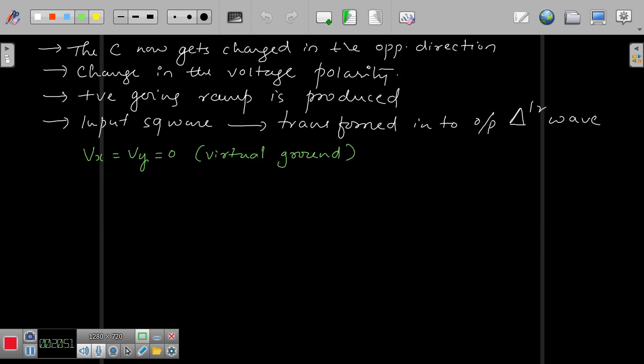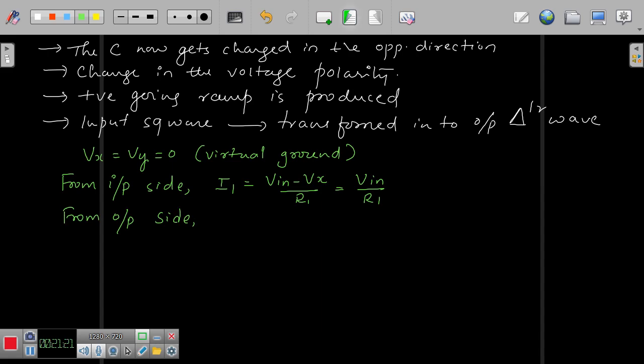I can write from input side, your I1 is equals to V in minus Vx divided by R1, which is V in divided by R1, because your Vx is equals to 0.